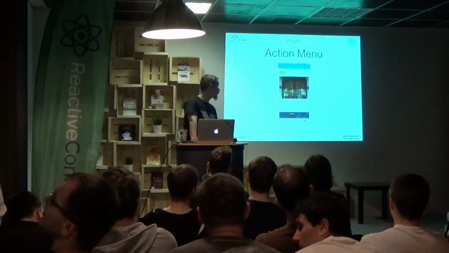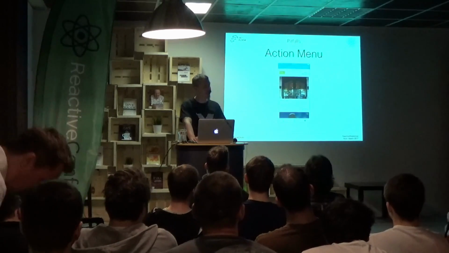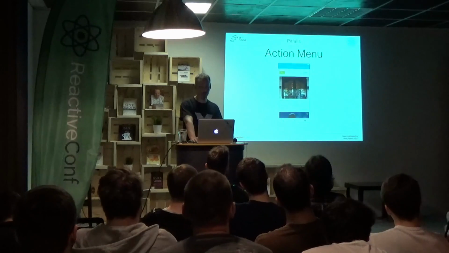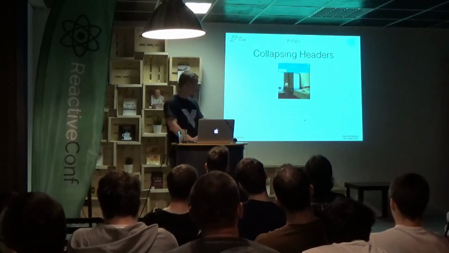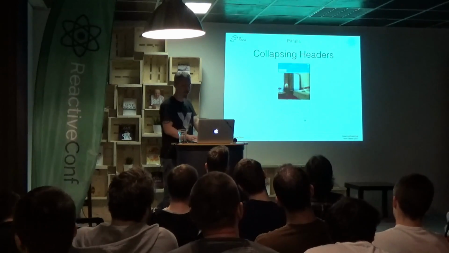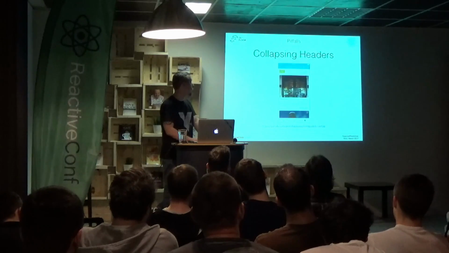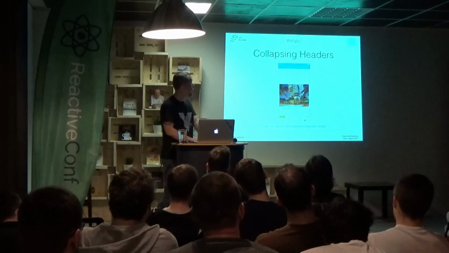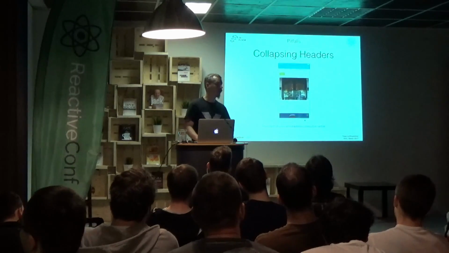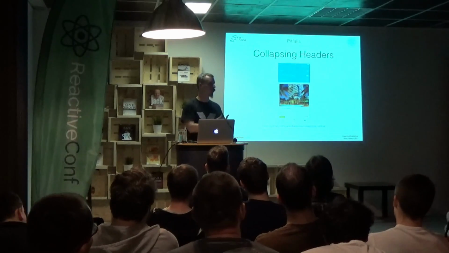For these action menus, we found a third-party library that we could wire up for that. That collapsing header is a problem that we tried to solve with this animation API, but that's a good case where you just hit the border.